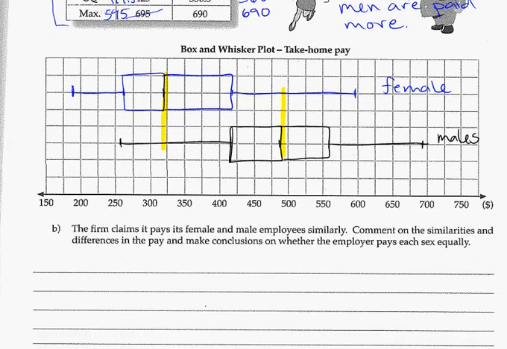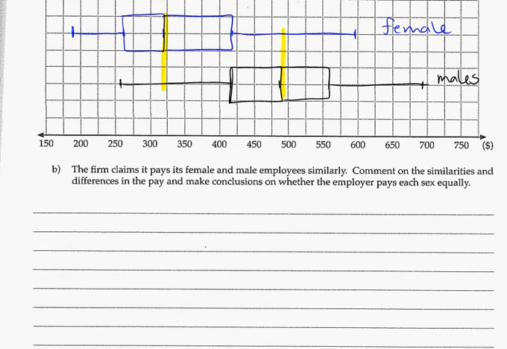If we look at the bottom part of the question, part B, that they're asking us, the firm claims to pay its female and male employees similarly. So is that true? Looking at the graph, we can see it's not, but how do we comment on this? So comment on the similarities and differences in the pay and make conclusions as to whether the employer pays each sex equally. Well, remember that the box and whisker graphs show us quarters of the population quite well.